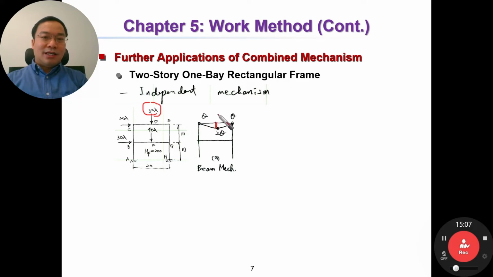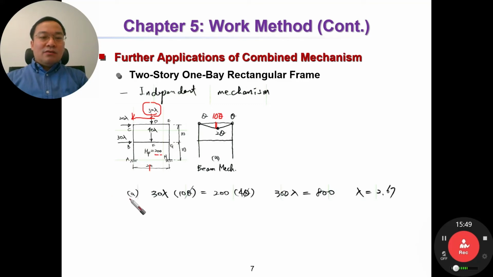It is 10 theta, because the distance from here to here is half the length of the beam. So external work equals 30 lambda multiplied by 10 theta. How about internal work? It is 1, 2, 3, and 4, so 4 theta multiplied by Mp, 200. Then we have 800.